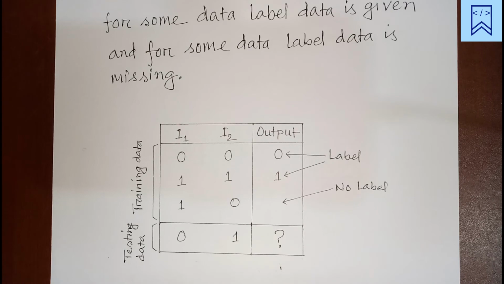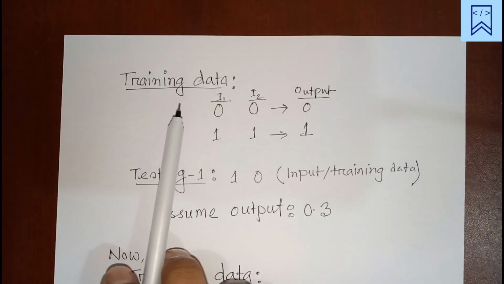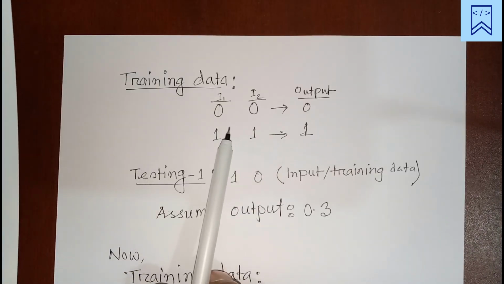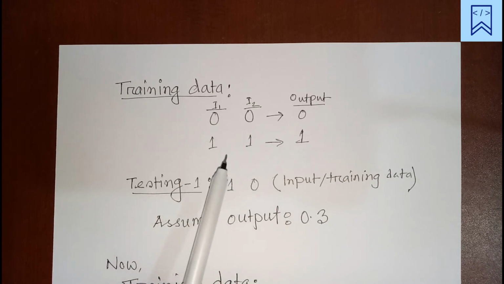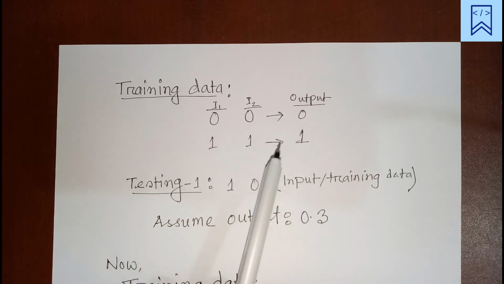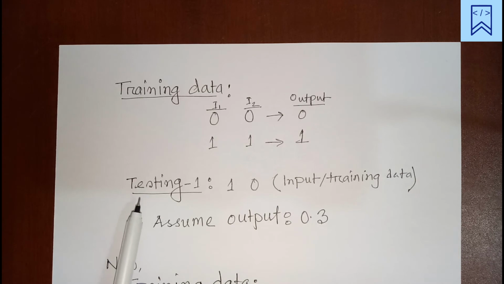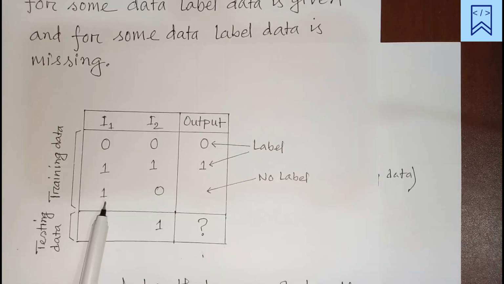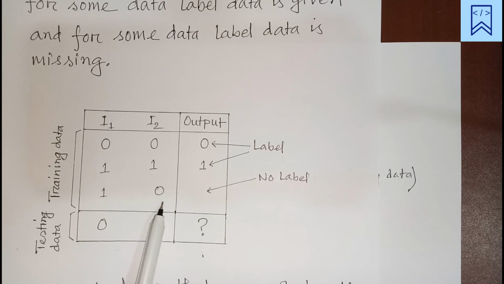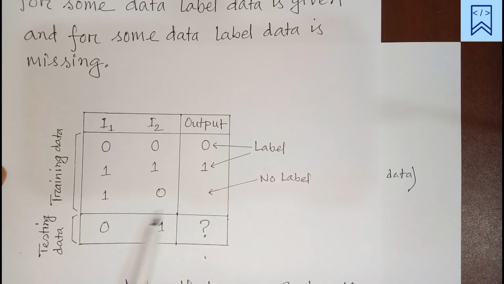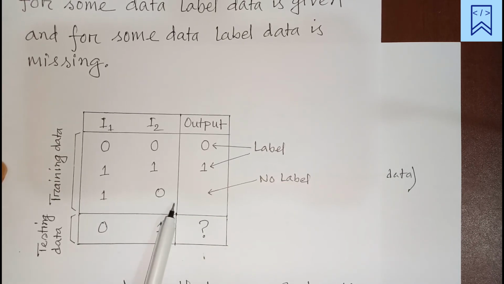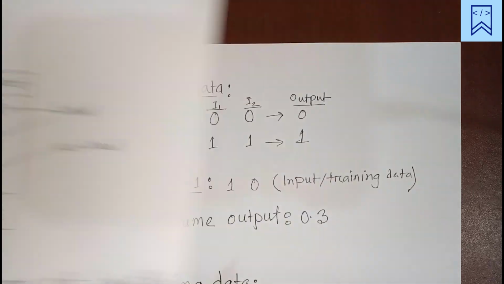Now let us see how it will work. As we have seen in the previous table, the given training data that are labeled is this. So when we run testing 1, we will use training data that are not labeled. So look at here, for 1 and 0 there is no label data, so we will use this data for test 1.